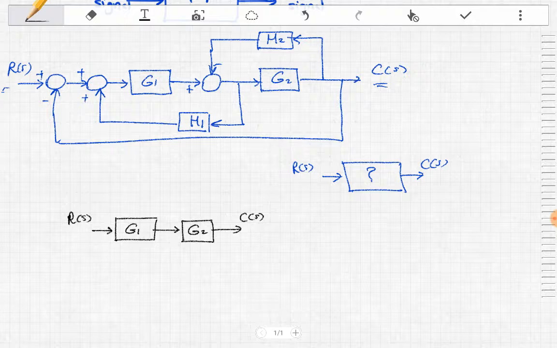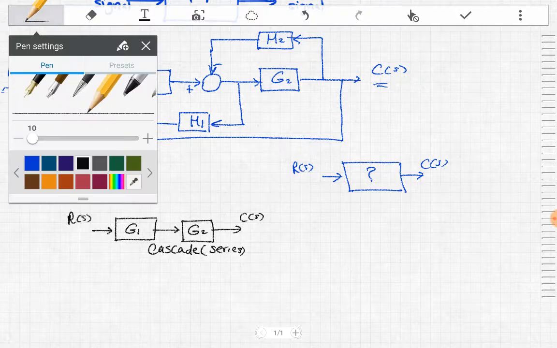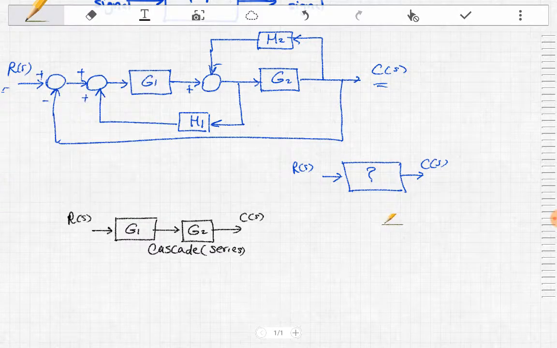You can reduce these two blocks in cascade, or series, there are two words for it. How do you reduce this? If you want to make one block, what do you write inside? Summation? No, G1 times G2. Not summation, multiplication.